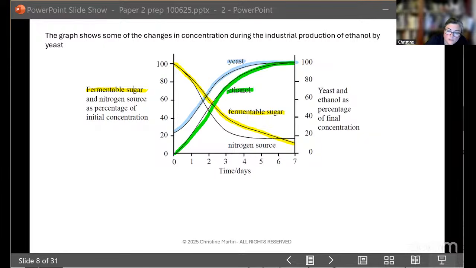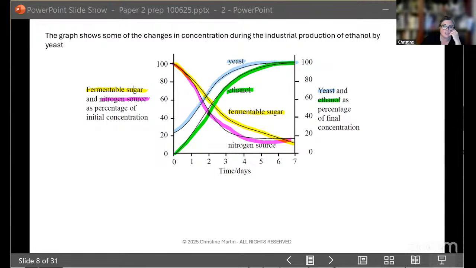Then you've got your nitrogen source. Now, make sure if you do it like this, you know which scale you're using. So ethanol was green and yeast was blue. So try and color coordinate as you're going because that will help you to be able to see the different numbers that are involved. So whatever question they ask you, you are visually aware of which lines you want to look at, which ones you want to compare.